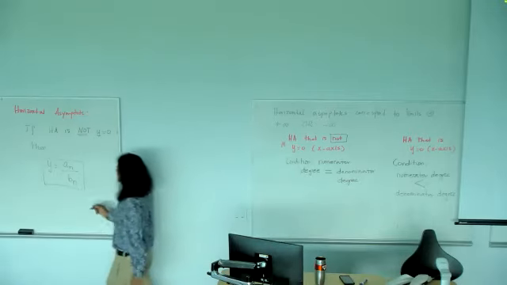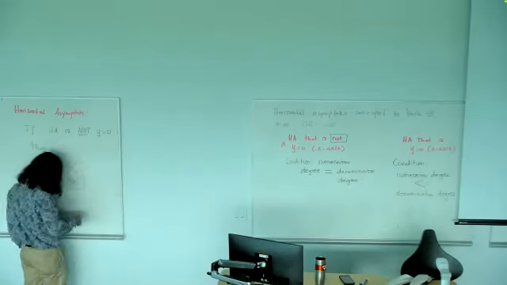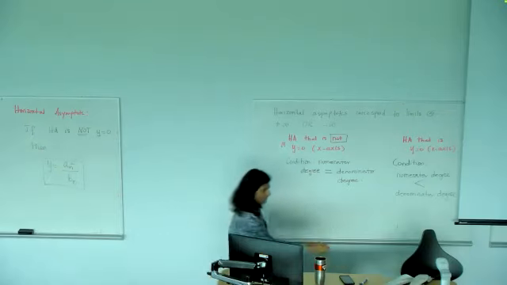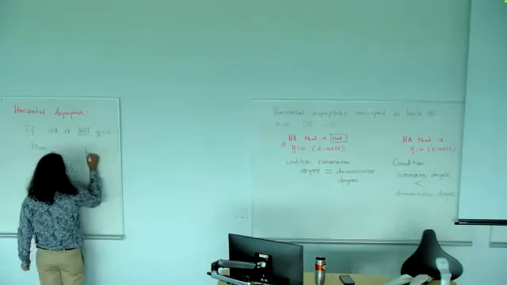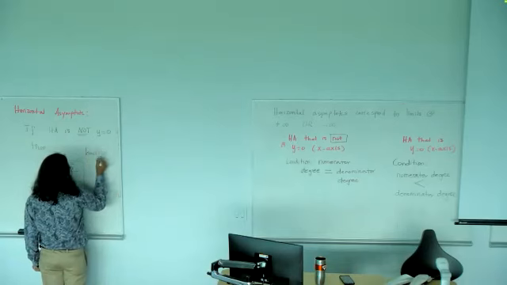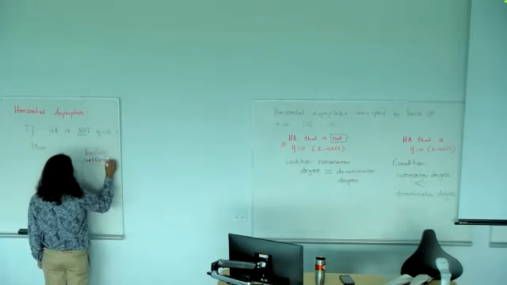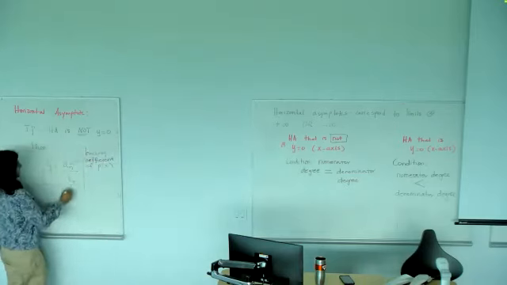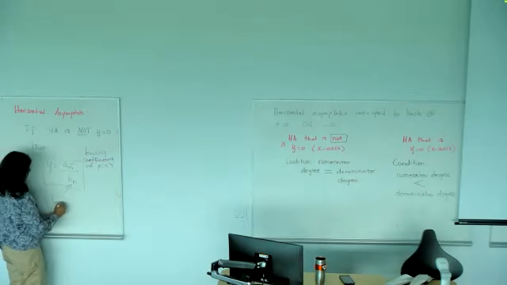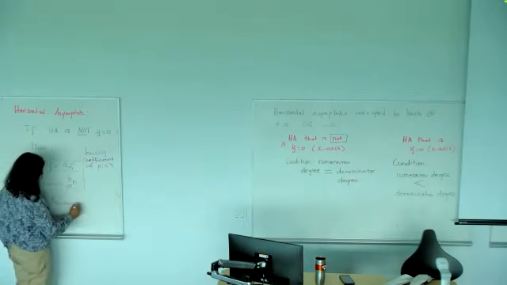If the degrees are the same, all you have to do is take the leading coefficient of the numerator divided by the leading coefficient of the denominator.